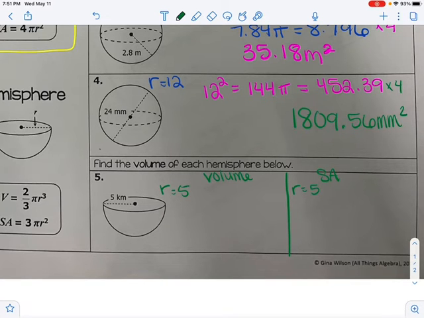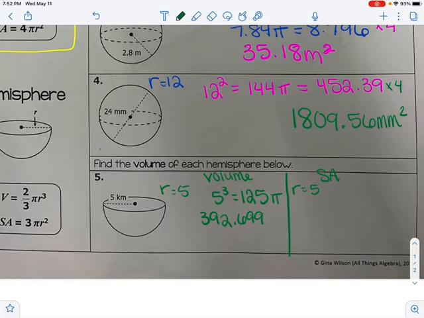So in volume of a sphere, you would cube the radius. You're doing that again. 5 cubed should come out to 125. Then stick a pi with it. 125 times pi should get you 392.699.